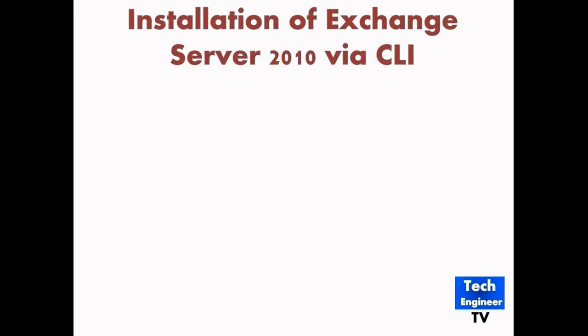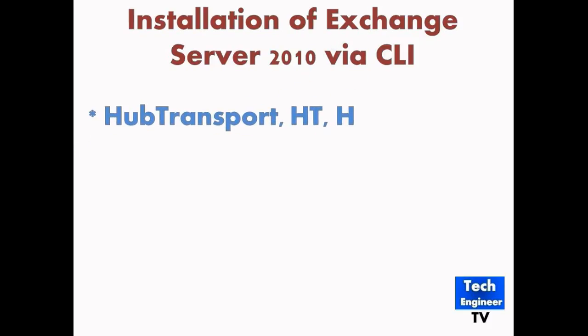Now we have done all these prerequisites and configured all these requirements. Now it's time to install Exchange Server 2010 via CLI. We all know about the roles of Exchange Server.